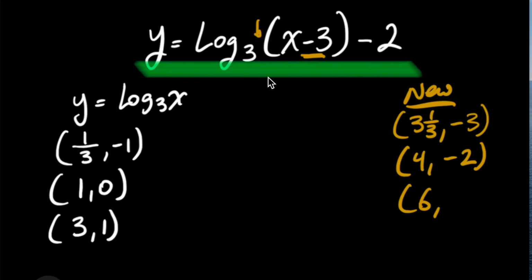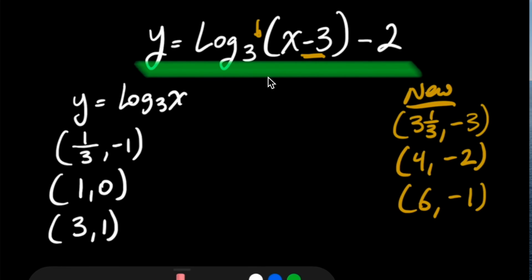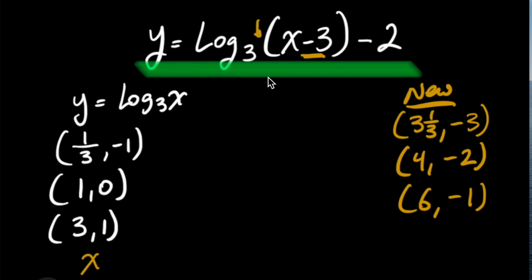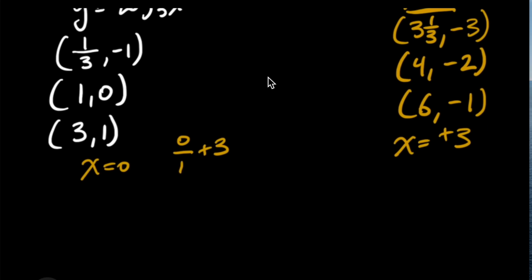For our y coordinate, we're going to take the original y value, which is 1, multiply it by 1, and subtract 2. Our new y value is going to be negative 1. With respect to the vertical asymptote, our original vertical asymptote is x equals 0. So we're going to take that, divide it by 1, apply the opposite of what we see in that argument. So our new vertical asymptote is going to be at x equals positive 3.